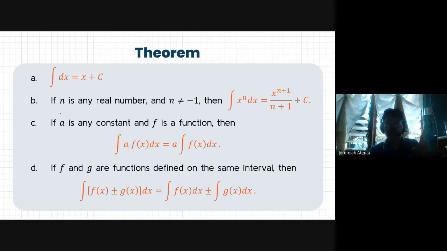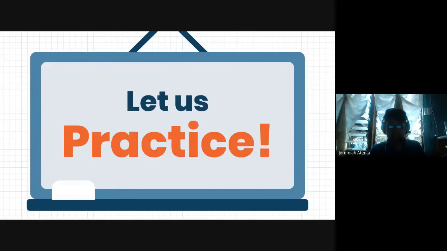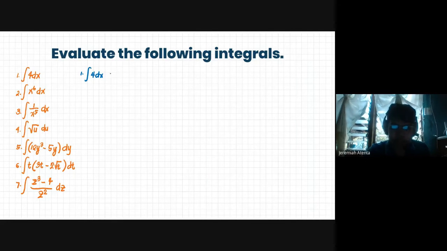Tama? So we can have 4 as a multiple of 1. And from theorem C, you can take the numerical coefficient outside the integral sign. Therefore, I can have 4 here. Pwede natin siyang ilagay sa labas ng integral. So you will have 4 integral of dx.